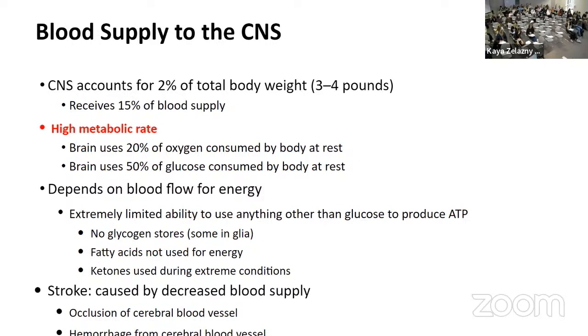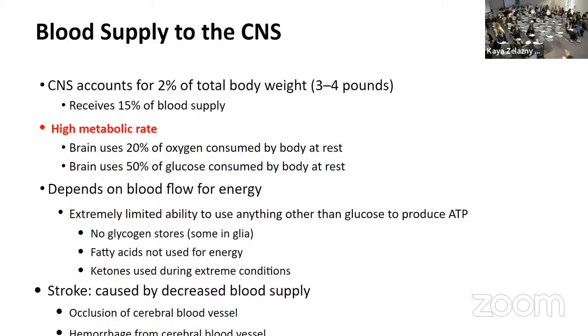When we have disruptions to the blood supply to the brain, this is a problem. That's what a stroke is. So when you have a stroke, what you're really saying is that you have damage of some type to a blood vessel in the brain, which is part of what's causing those changes in behavior and function. This can happen either because a blood vessel gets blocked. That's what occlusion means.